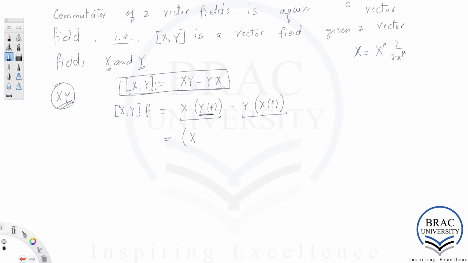Let's write x as x mu del by del x mu in the chart x mu, and y as, I have to use a different index here, y nu del by del x nu, acting on f, right? This is a new function. It's just the pointwise product of two functions, right? This is a function and this guy is a function. The pointwise product of two functions is again a new function.